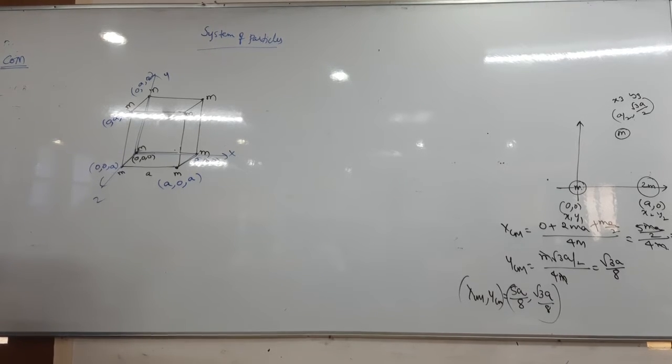Then this point is lying in which plane? X and y plane. It has the length and then the height. So it is in the xy plane. What are the coordinates of this point? A, A, 0. Clear? This one is finished. Then this point has length and depth.